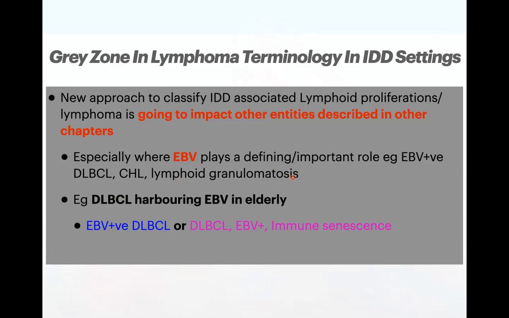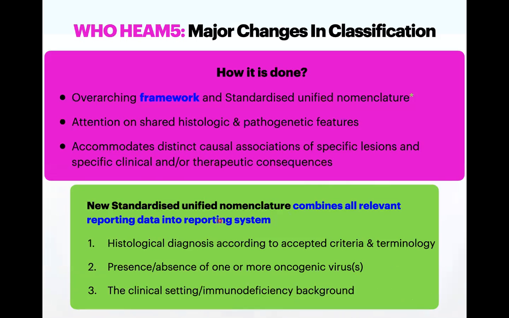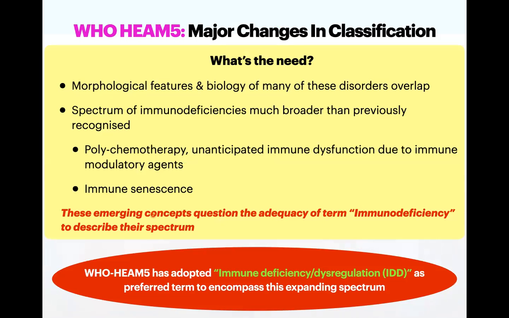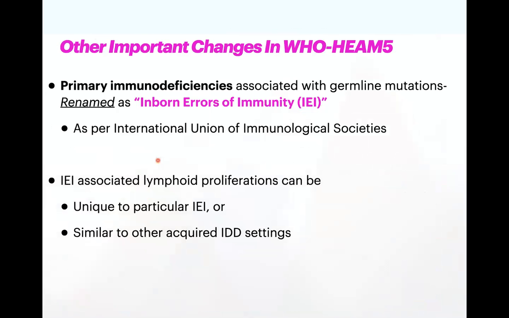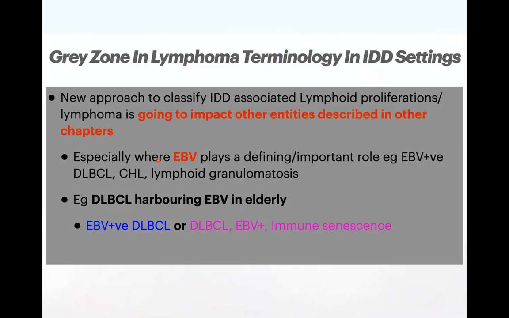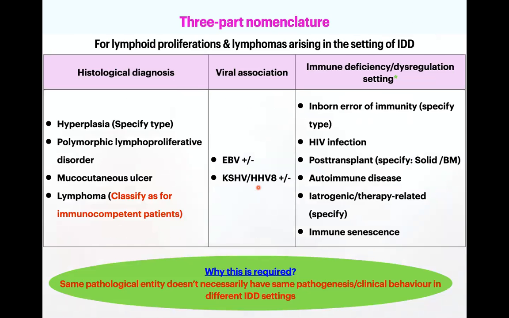So when it is EBV positive, it is occurring in the elderly. Mind you, I have described this immune senescence. Notice this term immune senescence, which they are saying is a type of immune dysregulation. So if a DLBCL which is EBV positive is occurring in an elderly person, when you classify this, it goes directly into this.